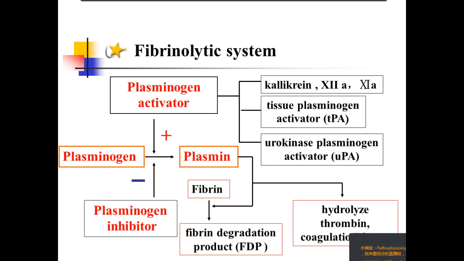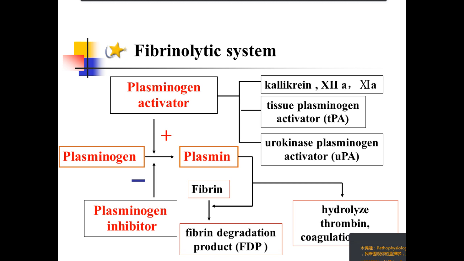It can lead to the clot dissolving. Now, plasmin can hydrolyze thrombin, coagulation factors, and fibrin. Plasmin dissolves the fibrin, hydrolyzes fibrin, and forms some fibrin degradation products.